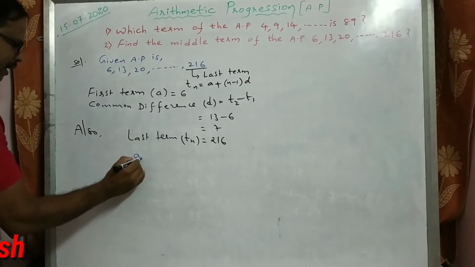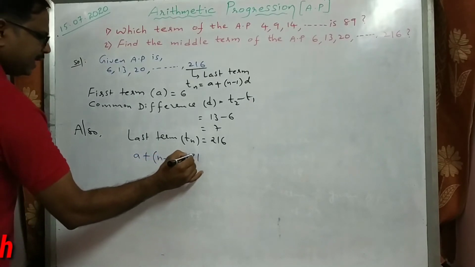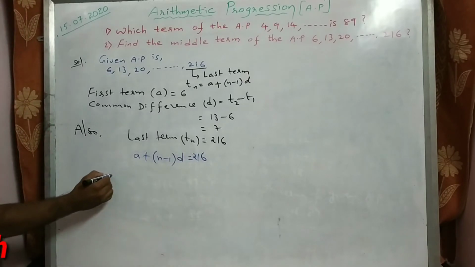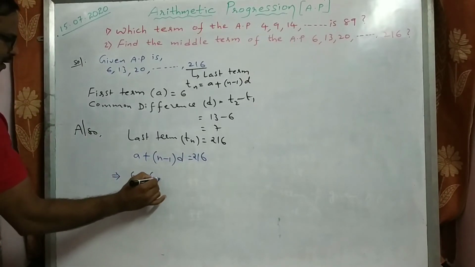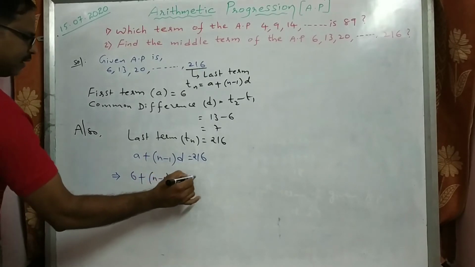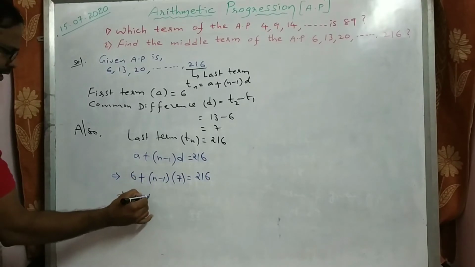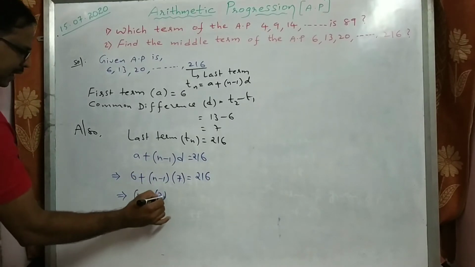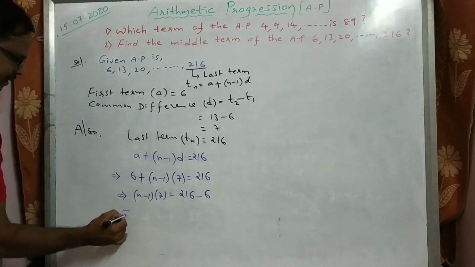What is the formula for last term? A plus n minus 1 into d equal to 216. What is a here? 6 plus n minus 1 into d value 7 equal to 216. So n minus 1 into 7 equal to 216 minus 6.